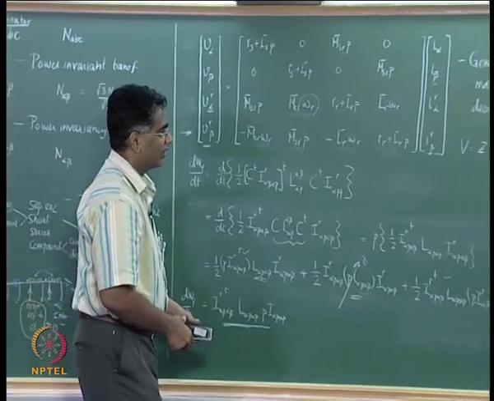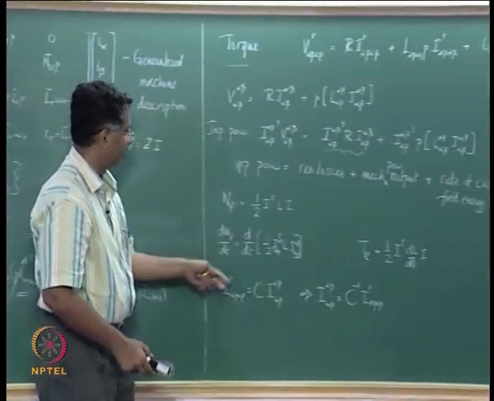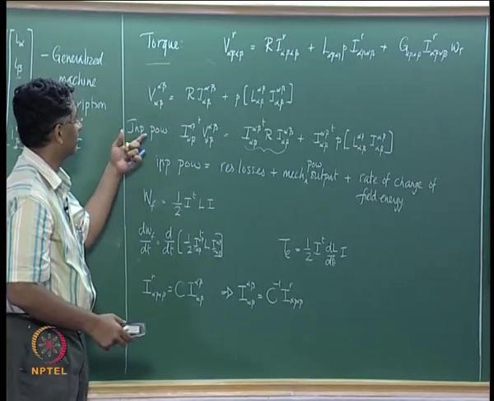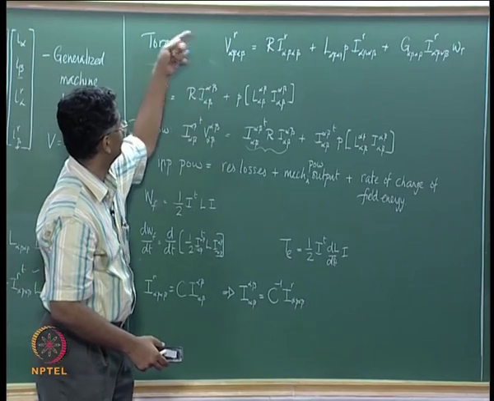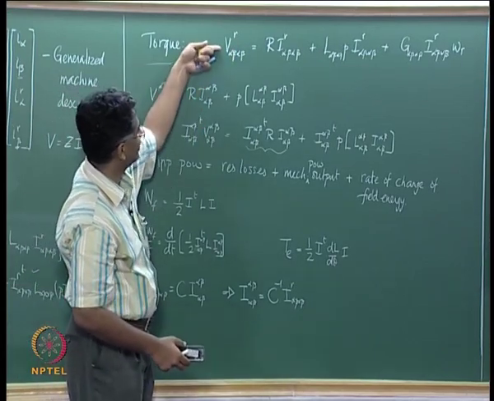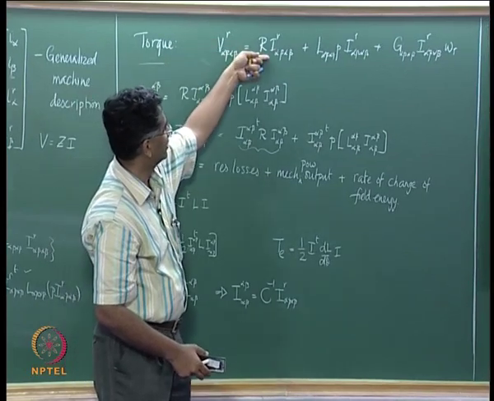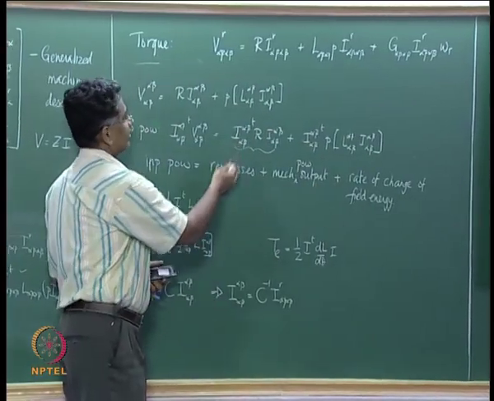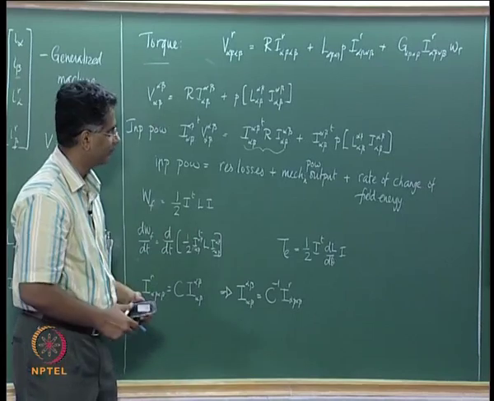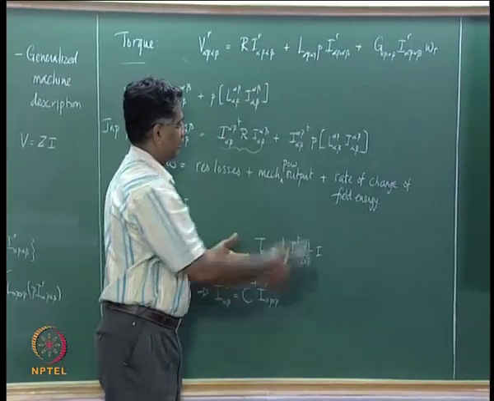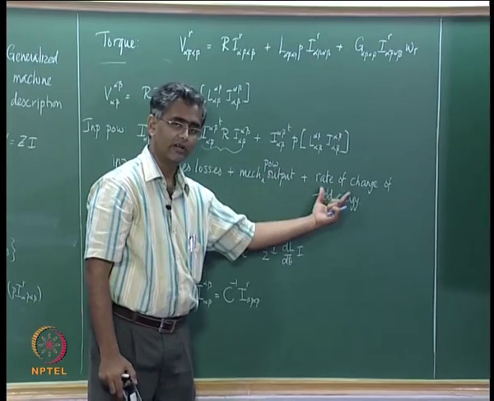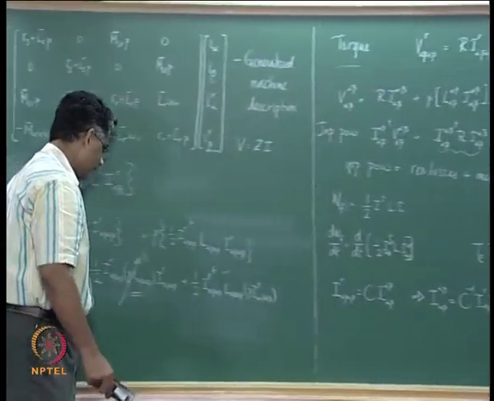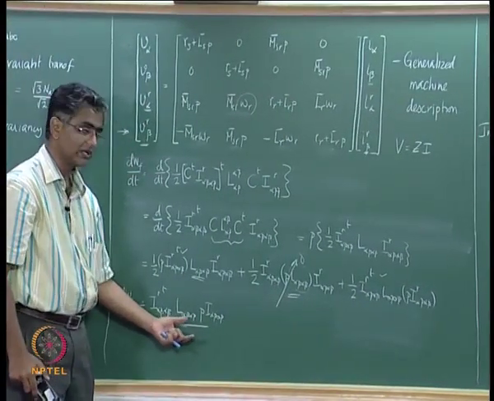So if you now apply the same logic, whatever we have done here, that is, obtain an expression for the electrical input power, then you have to multiply this by I transpose. You have I transpose here and I transpose here, and then you know that the resistive loss component is due to this, and the remaining term must now be the mechanical output plus the rate of change of field energy, and this rate of change of field energy is what we have derived now, and that is I transpose L into Pi.